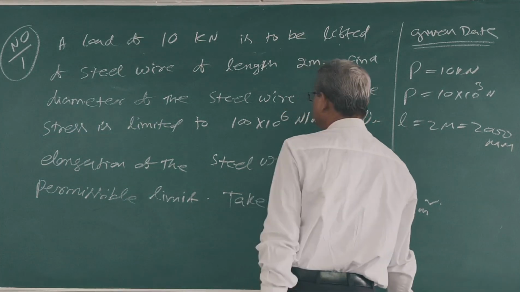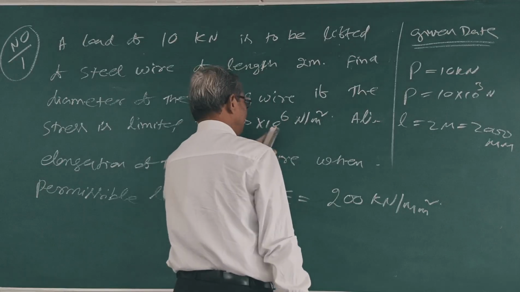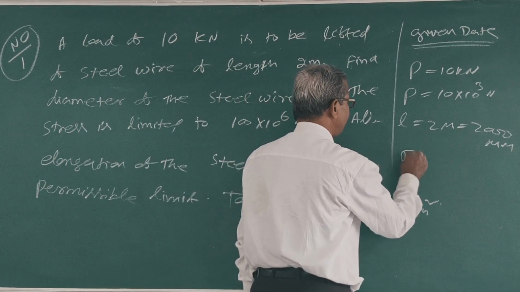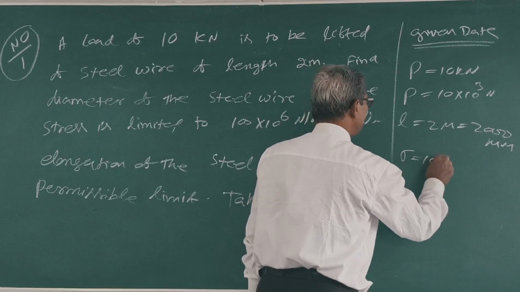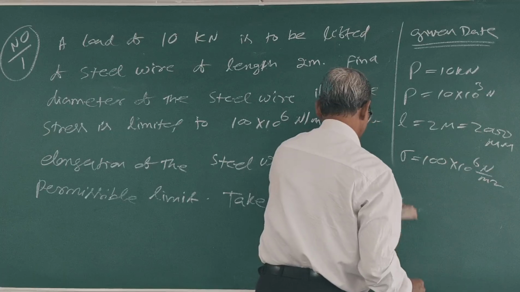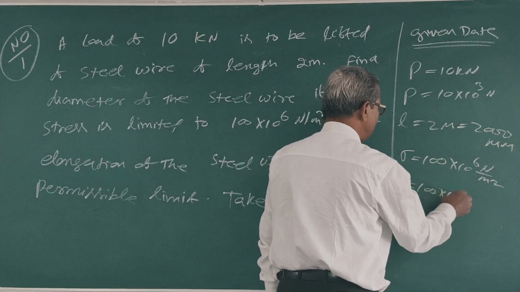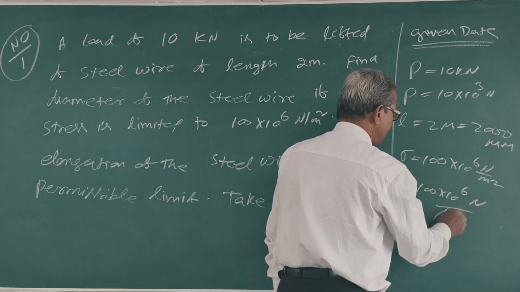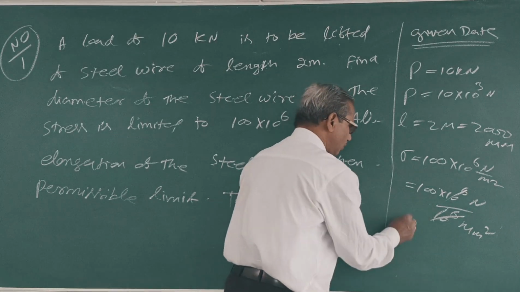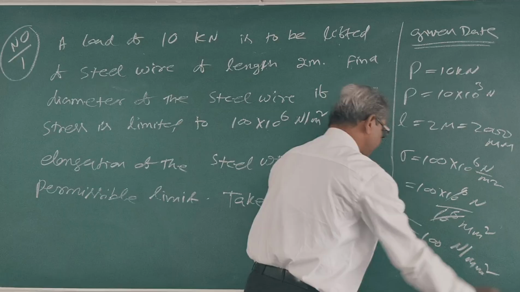Clear? Find the diameter of the wire if the stress is 10^6 Newton per meter square. Sigma is equal to 10^6 Newton per meter square, which is 10^6 Newton by 10^6 mm square. Clear? The 10^6 cancels out. So stress is equal to 1 Newton per mm square.